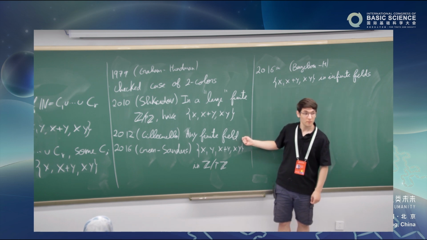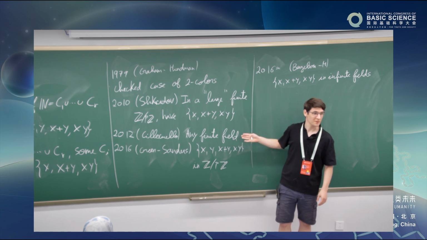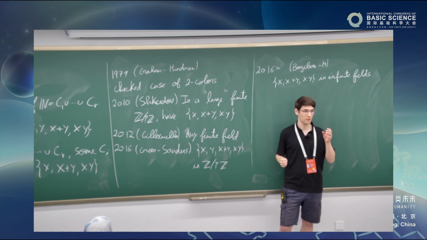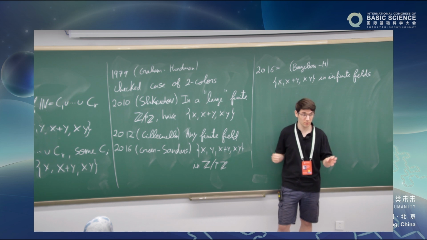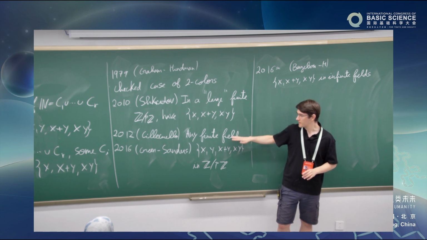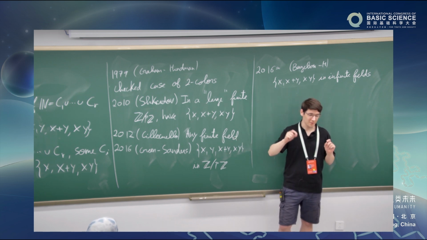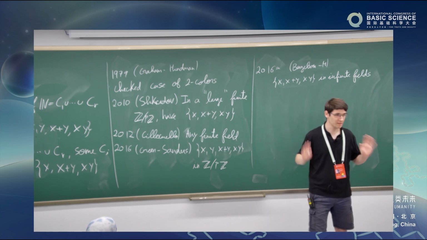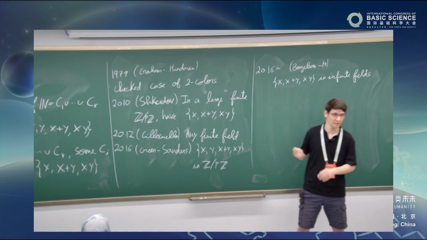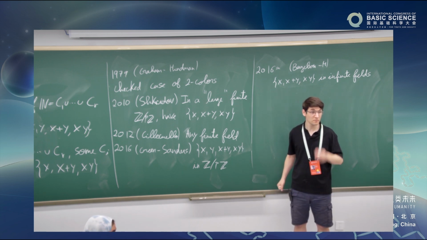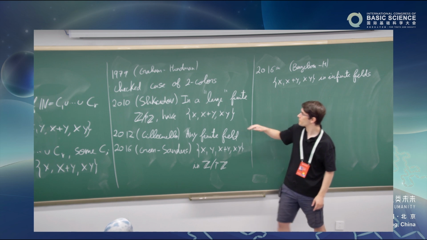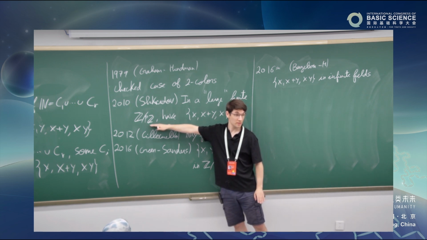It's the same thing, I didn't write everything. If you want characteristic 2 fields, you may need to be a bit more careful in the exact statement, but let's say characteristic 5 and above. Yeah, this is just Z mod P.